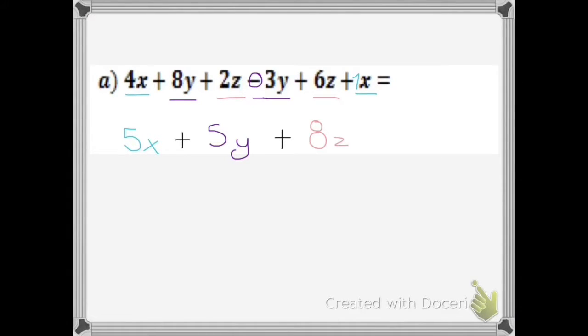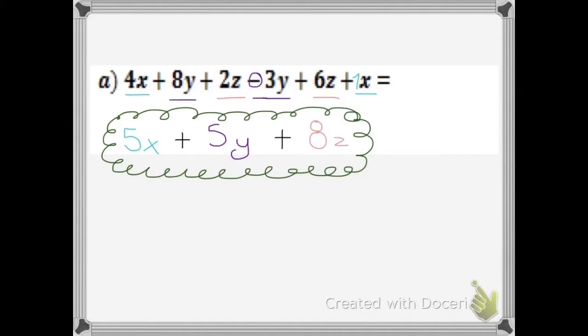So it will be 4x plus 1x, 5x. Now let's go with the purple. 8y minus 3y, it will be 5y. And then it will be 2z and 6z. You have to add them, so it will be 8z. And here we have the result.